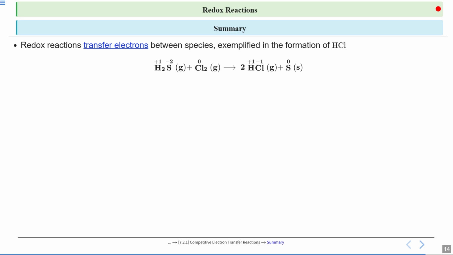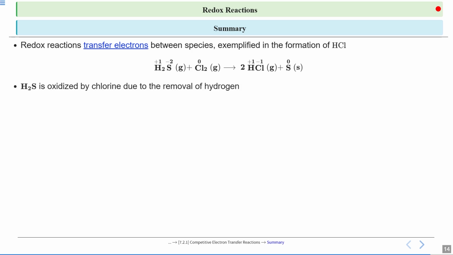And the compound which has been oxidized is considered the reducing agent, while the particular element or compound which has been reduced is considered the oxidizing agent. So I hope now the electron transfer reactions are clear to you, that redox reactions transfer electrons between the species.